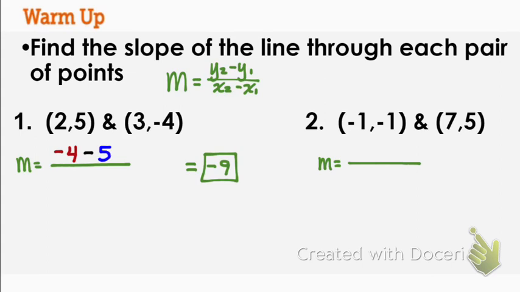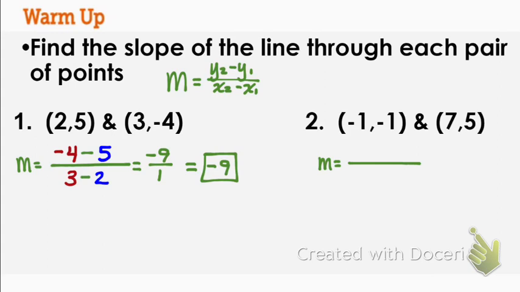That's part of it. What else? 3 minus 2. -4 minus 5 would give us what? -9. 3 minus 2 gives us 1. And -9 divided by 1 does come out to be a whole number.